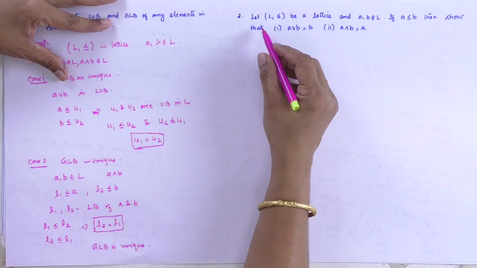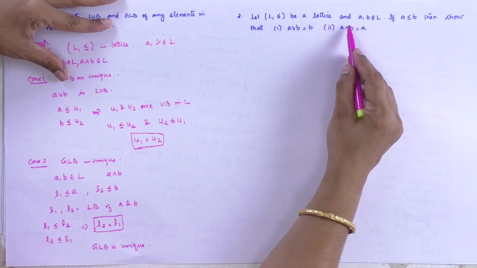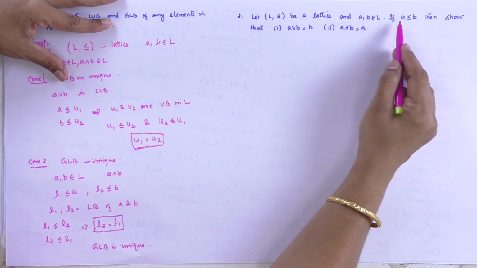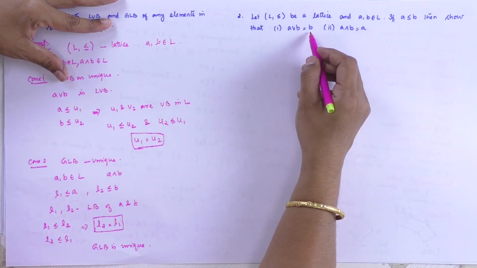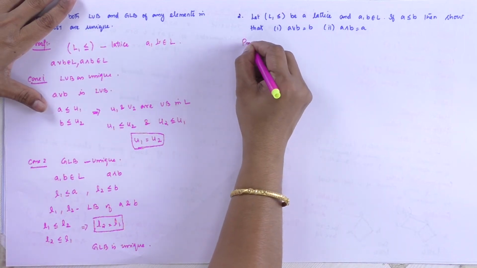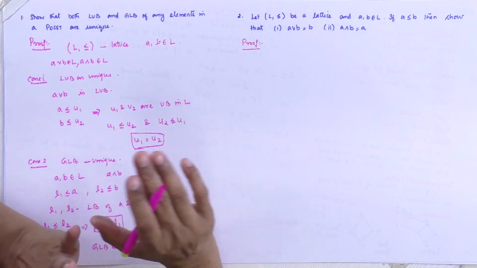Next, let (L, less than or equal to) be a lattice and A, B belong to L. If A is less than or equal to B, then show that A or B is equal to B and A and B is equal to A. How do we give the proof of this? What is given?